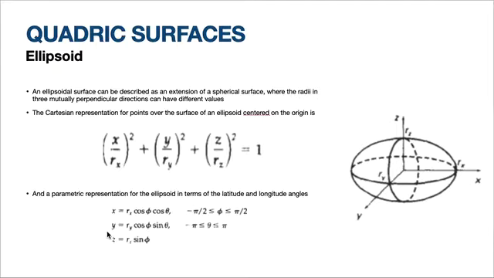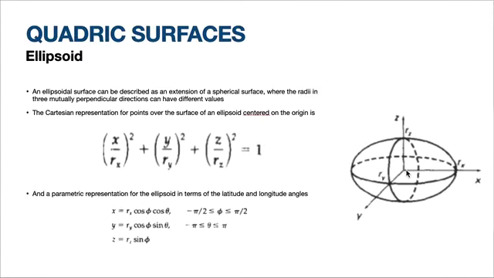That is, there will be three radii: one in x direction, one in y direction and one in z direction. There will be different values for the radii.